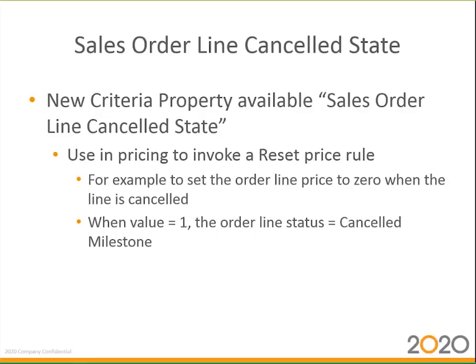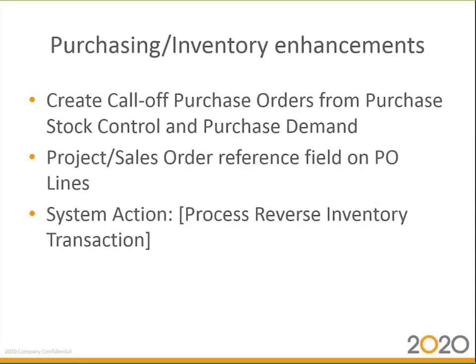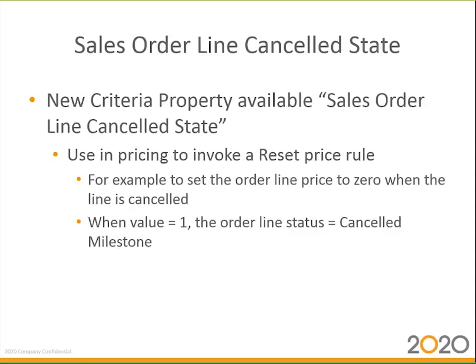Another change that we've made, or just something we've added to the system, is a new system criteria property called sales order line canceled state. What it really means is: is the sales order line status equal to the canceled milestone or not? And this is designed to support things like resetting an order line price to 0 when the line is canceled.